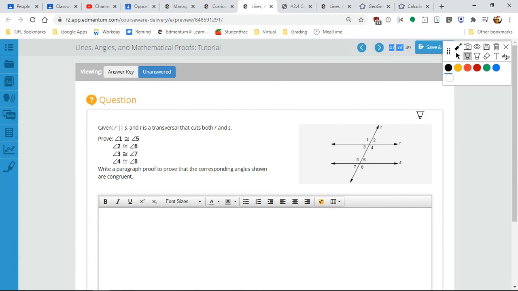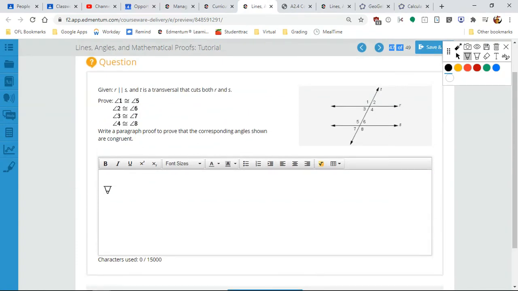So the idea here, first of all, is that you guys can type it out. I'm going to just write it out in this paragraph to save on time.